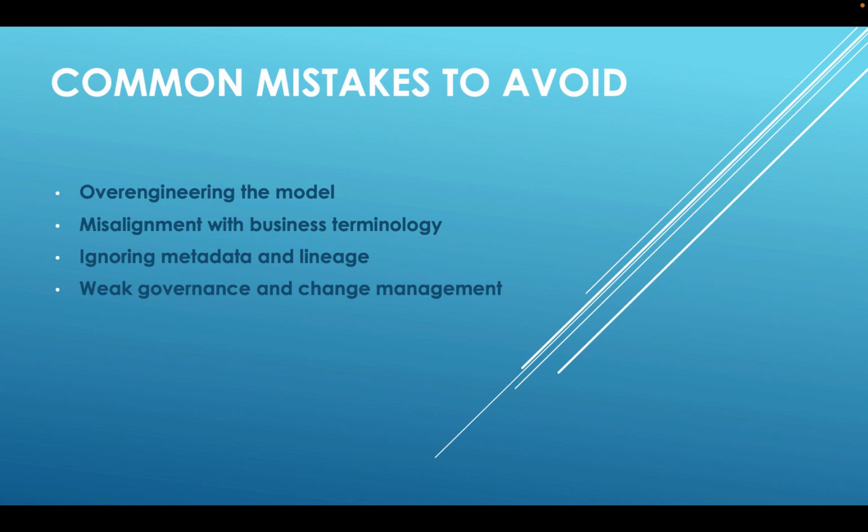The last one is weak governance and change management. Even a perfect canonical model will fail if there is no process to control changes. I mean, if there's no process to control it, people will just make changes as they wish.